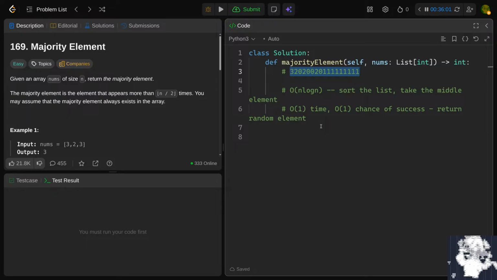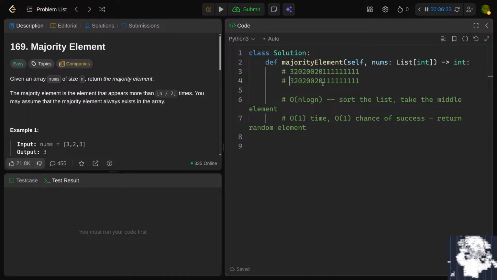So if you had a lot of 1s in the beginning of the list, then yes, you're guaranteed. You're not guaranteed.